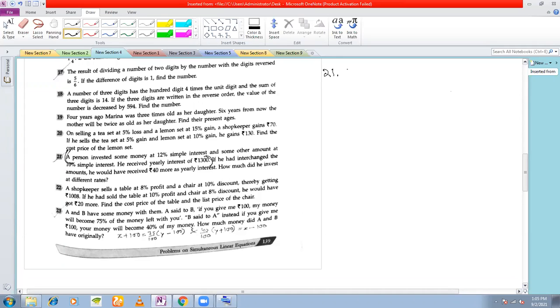Okay, so I start by saying let the principal invested at 12% SI and 10% SI be x and y respectively.